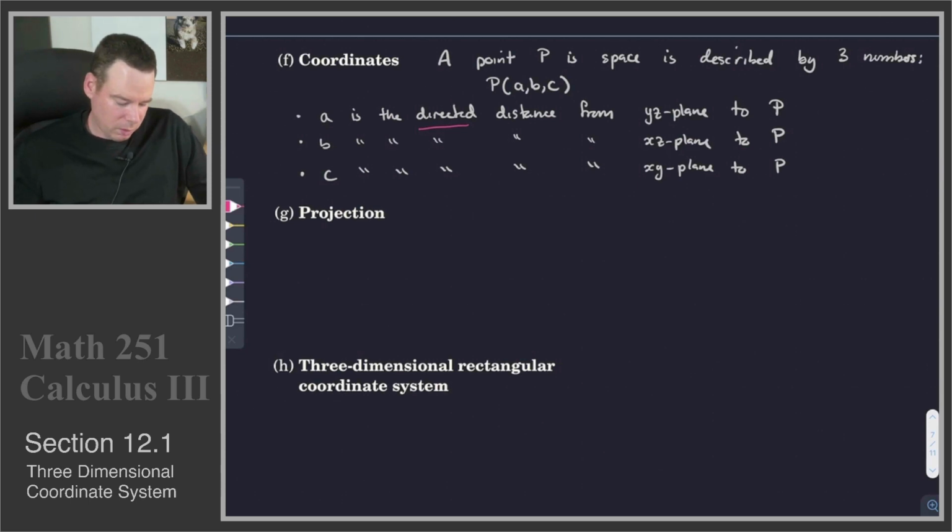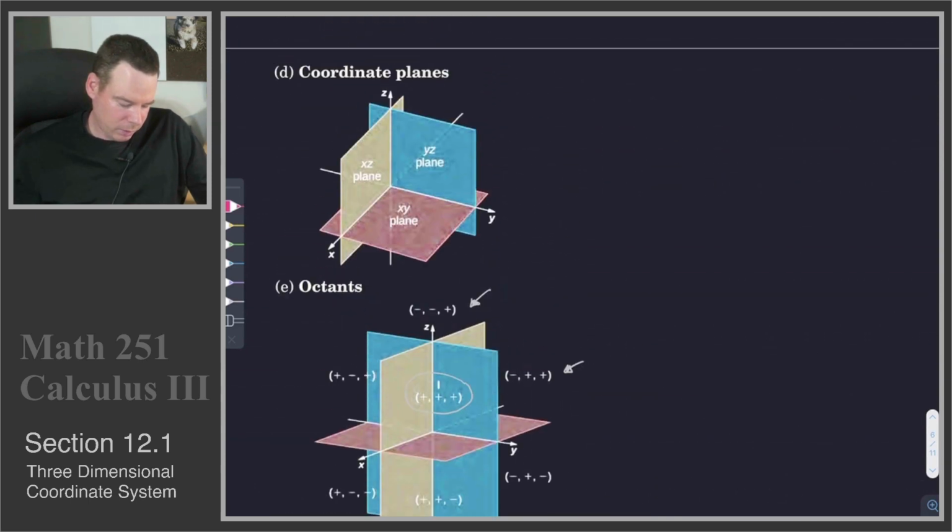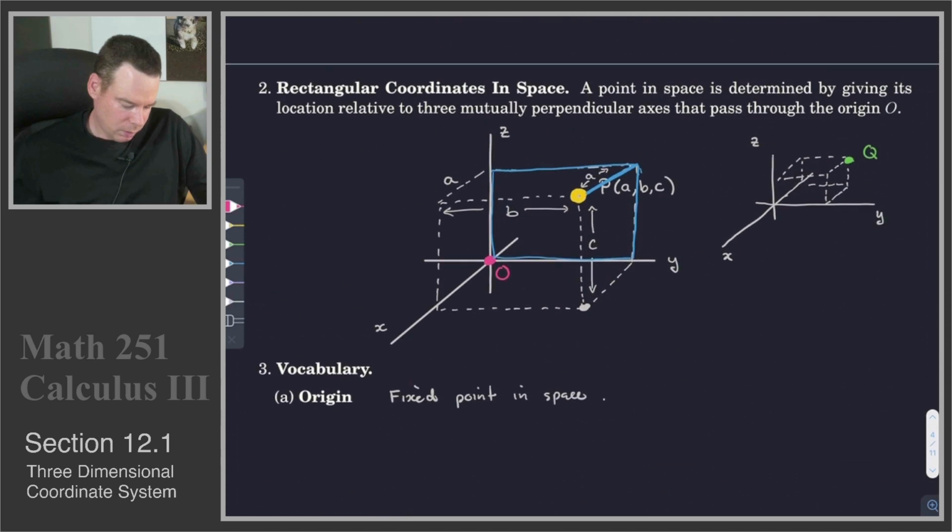So let's go back to our picture. So if, like in the diagram off to the right here, we have our point Q. If I look at what is the distance from Q to, let's say, the YZ plane.